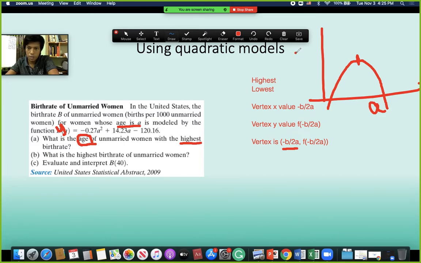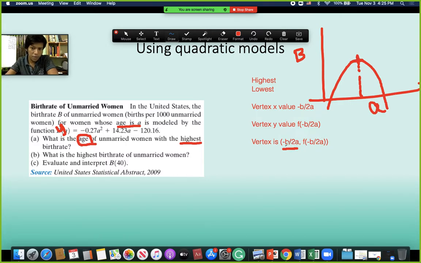Birth rate, I think, here. This side is birth rate. So they asked you to find out the value of age. That means they are asking you to find out the x value of this vertex. And how will you get the x value of this vertex? By using the minus b by twice a formula. And how will you get the y value of this vertex?